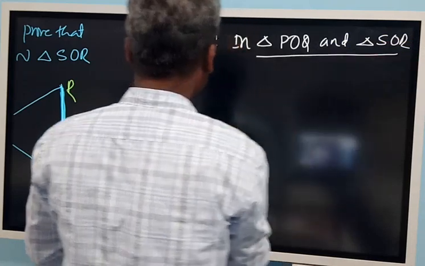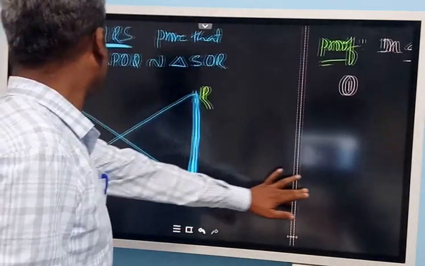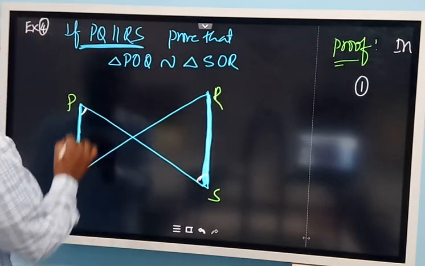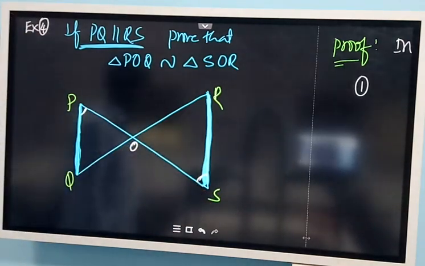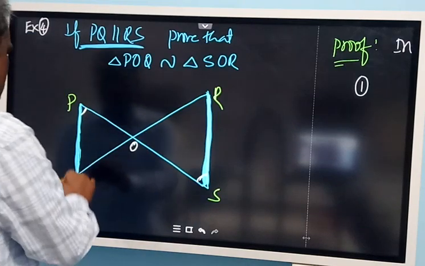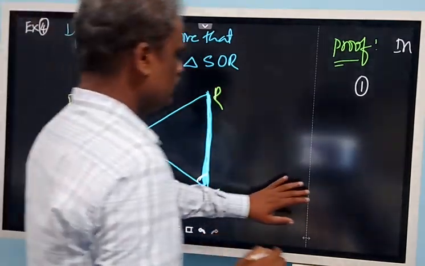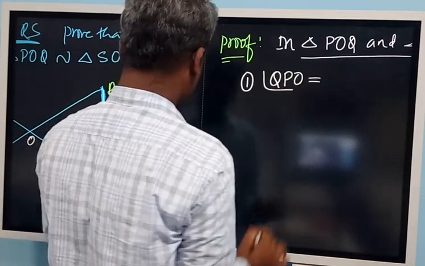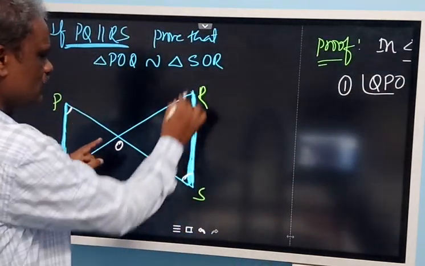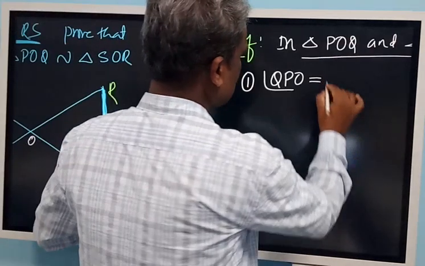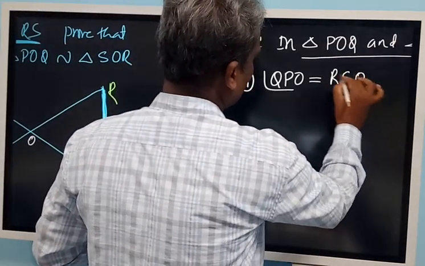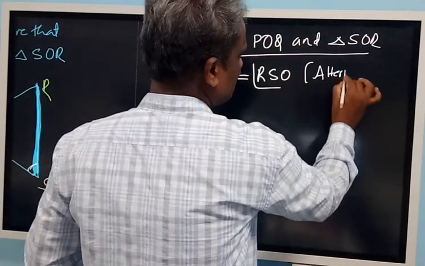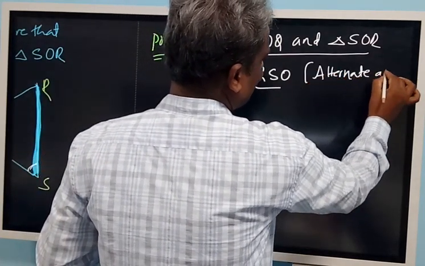In these two triangles, first one I can write, since this is alternate to this one, let us call this point O. So now angle QPO is equal to angle RSO. The reason is alternate interior angles.